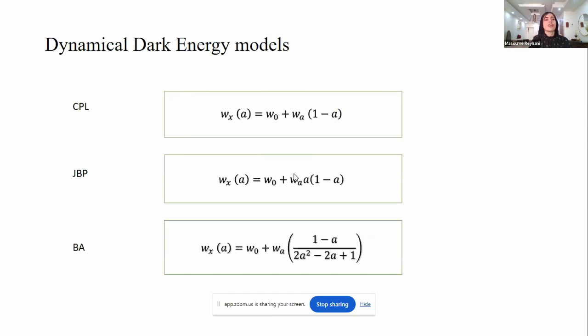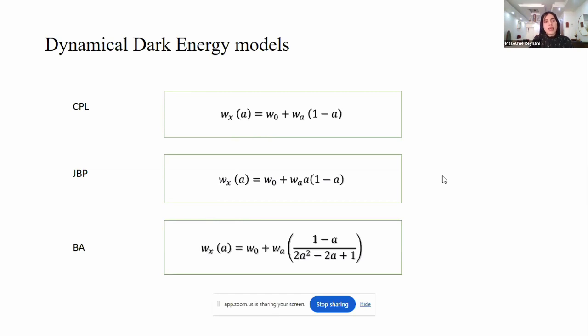People introduced dynamical dark energy models, and we use three of them in our study: CPL, JBP, and BA. As you can see, the dark energy equation of state varies with the scale factor, and it's no longer constant as in wCDM or Lambda CDM.